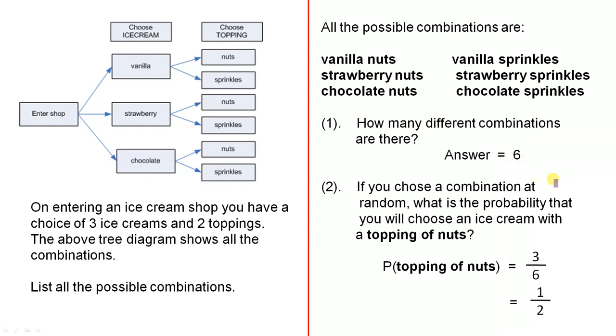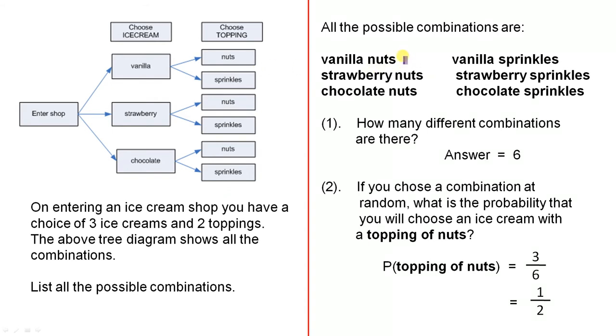If you choose a combination at random, what is the probability that you will choose an ice cream with a topping of nuts? In other words, it doesn't matter what the ice cream is, we must make sure that we have nuts in the answer.